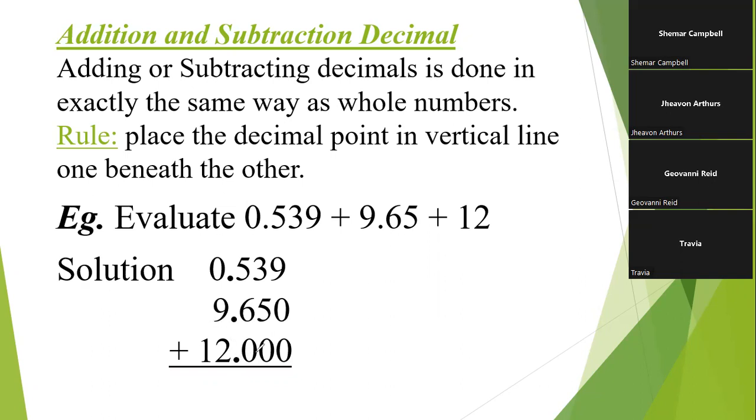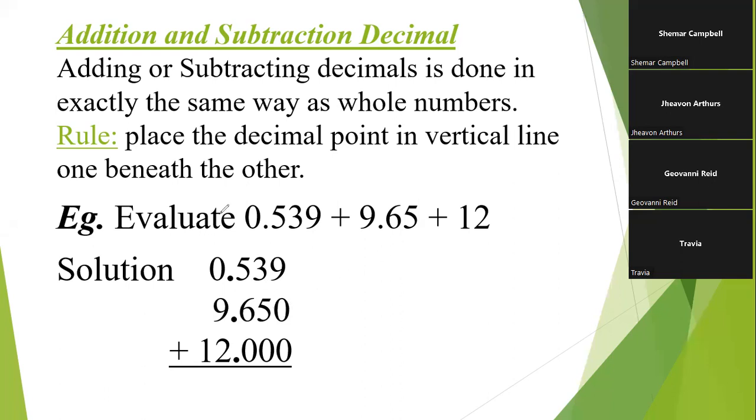So you put down 12 and you put a point, but where you have this empty space after the 12, in order to hold our place values, we fill in the empty space with placeholders of zeros.